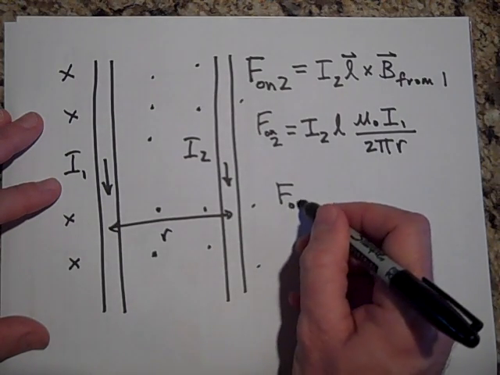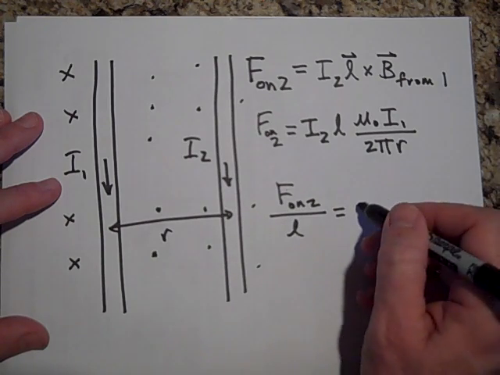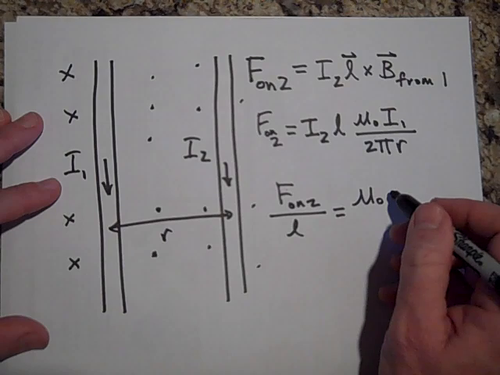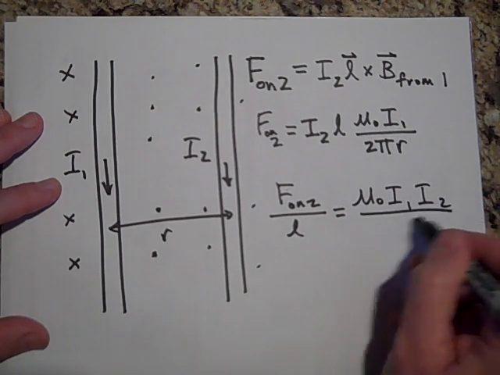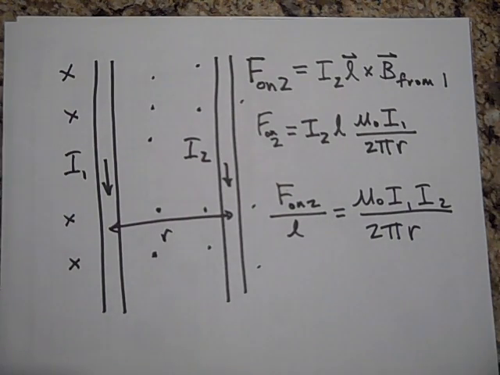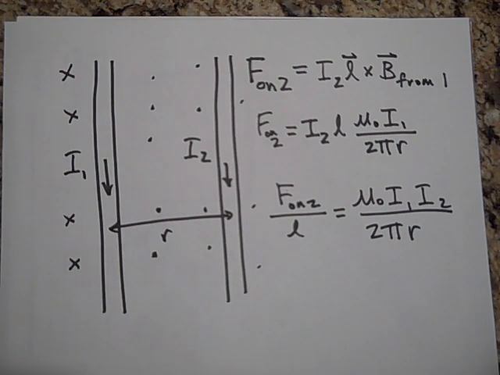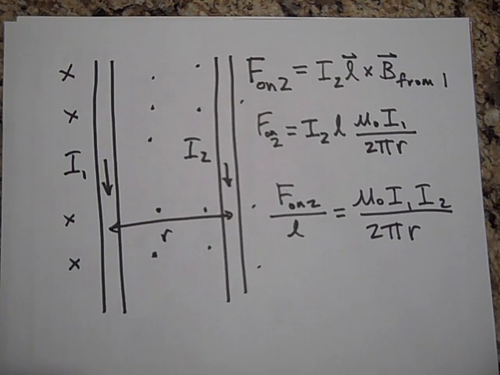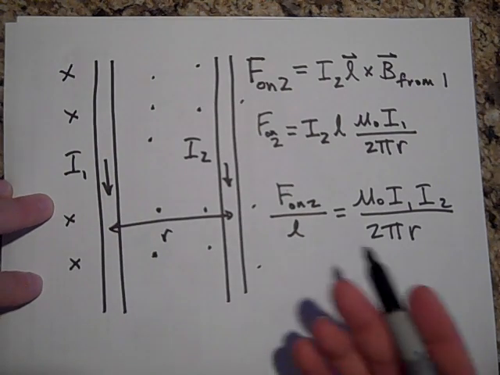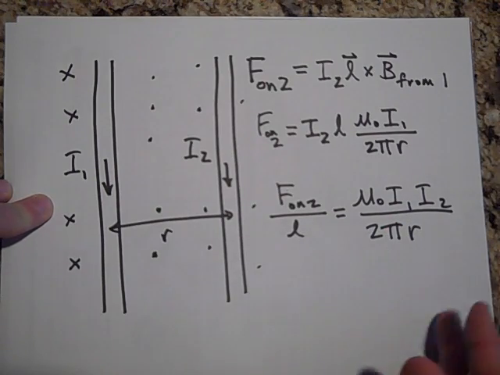So the force on 2 divided by the length, a force per length, is equal to mu naught times I1 times I2 all over 2 pi r. Notice that if I double the distance between them, the force goes down to half. This is not an inverse square law. So that's how that works. The force is just going to be mu naught I1 I2 divided by 2 pi r.